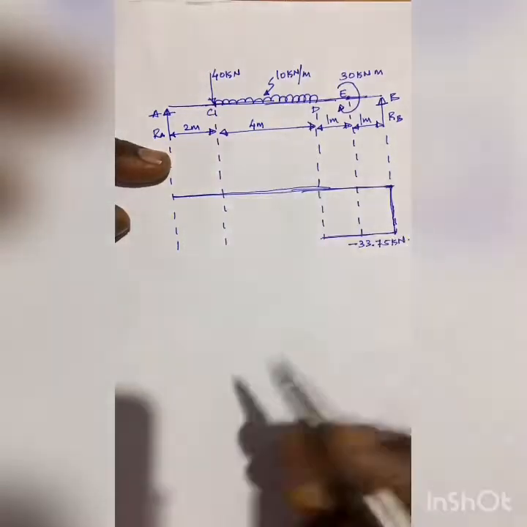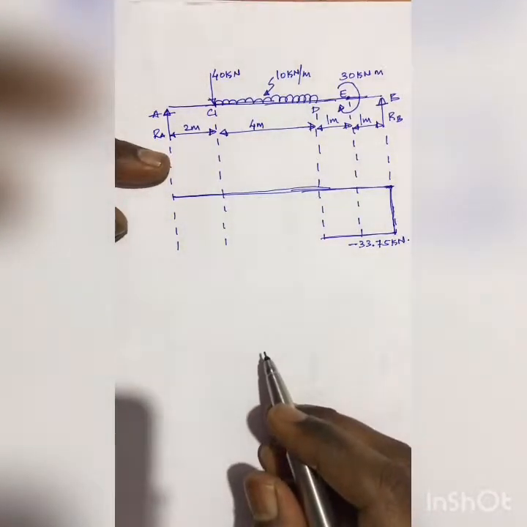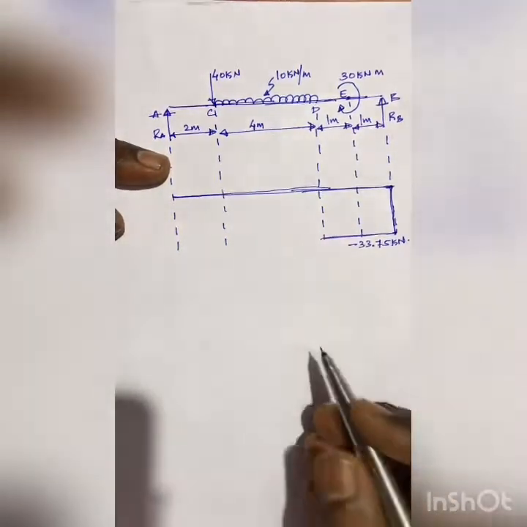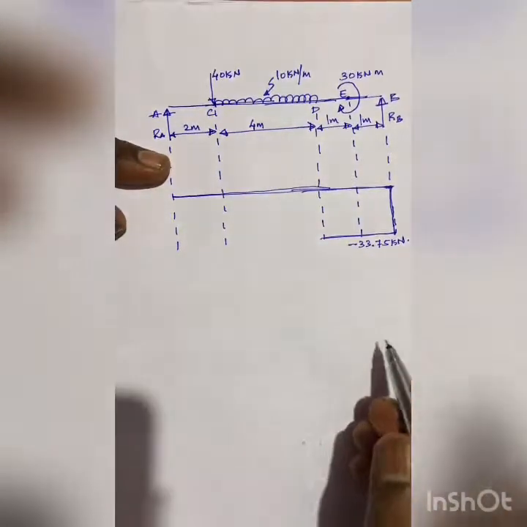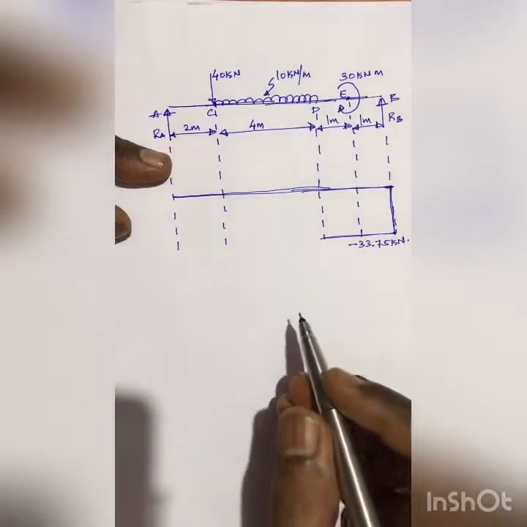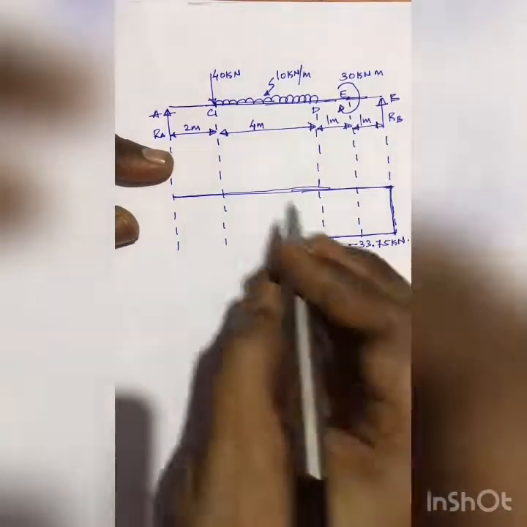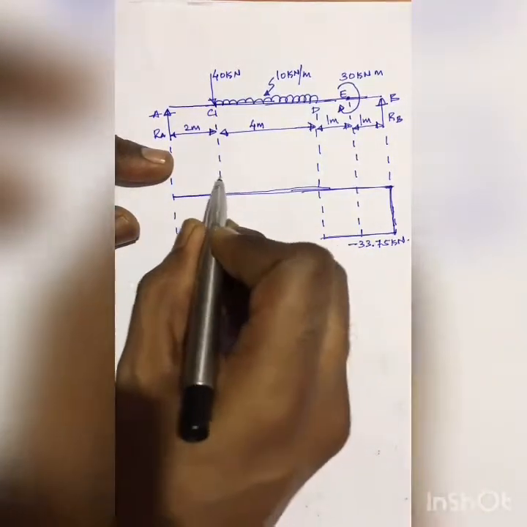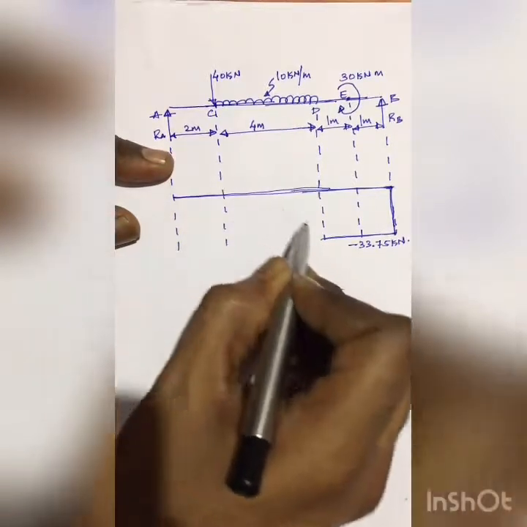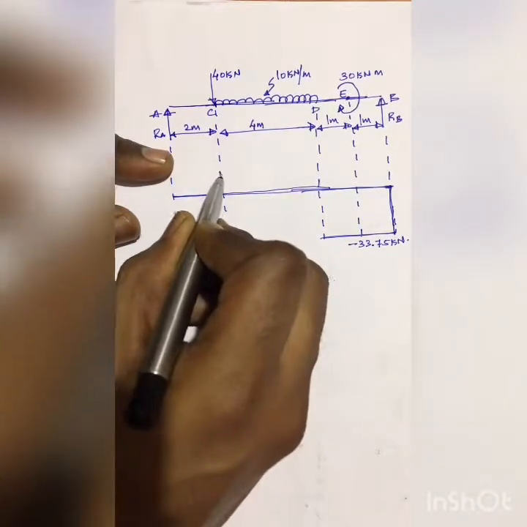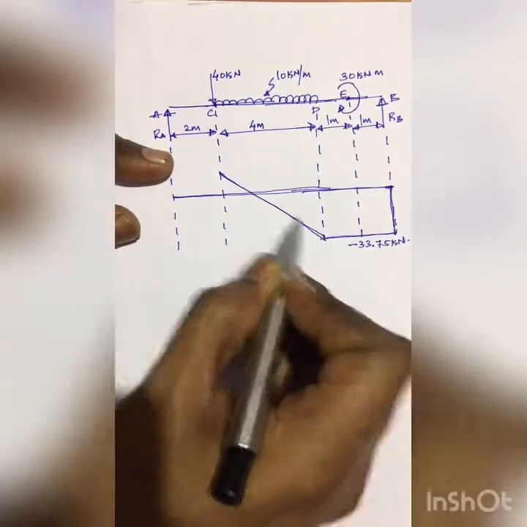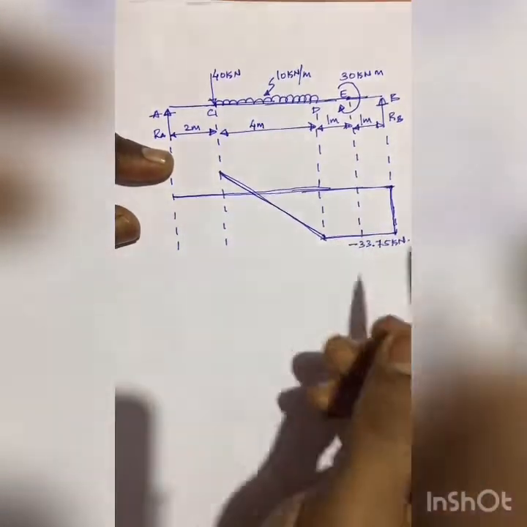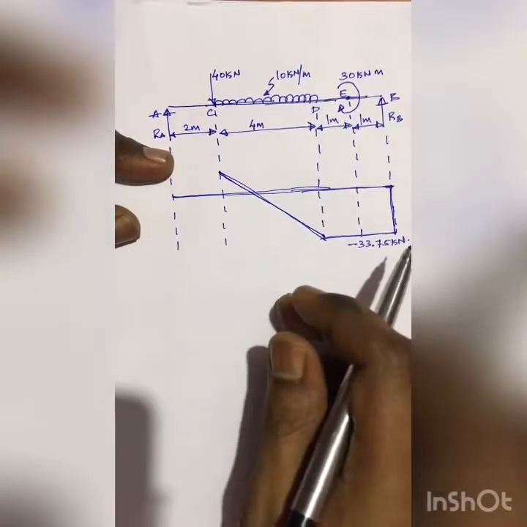Next, I found its value at C first, neglecting this 40 kilonewton, and I got the shear force at C as 6.25 kilonewton, which varies from D to C in a uniform linear manner.